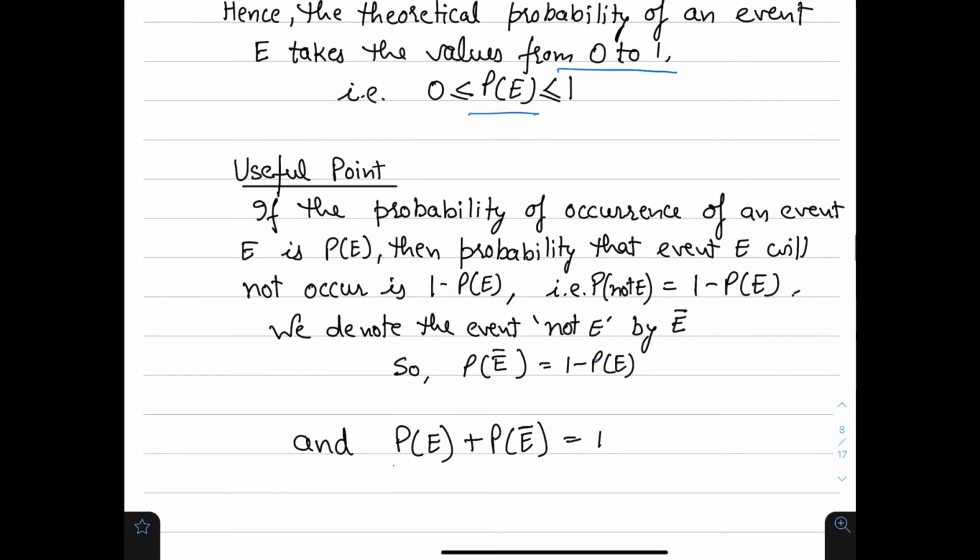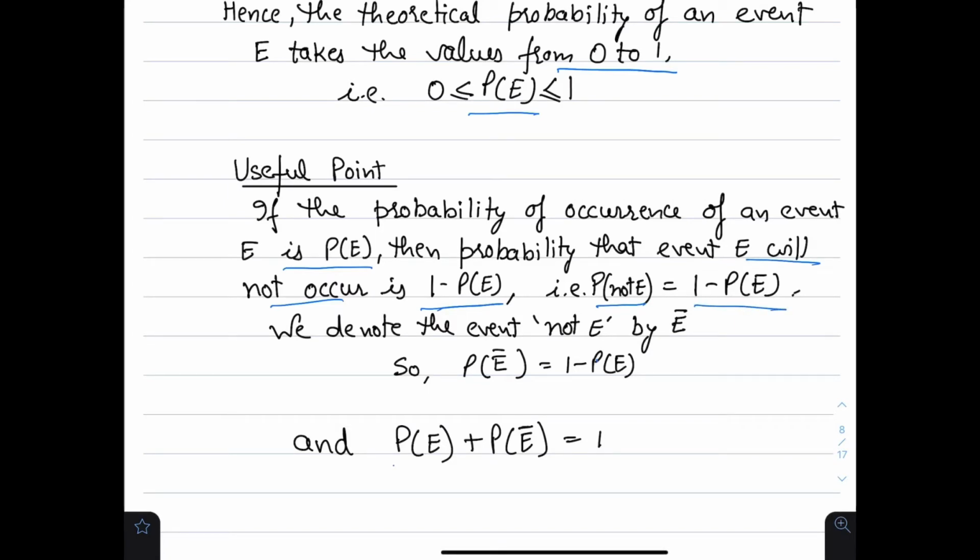One important point: if the probability of occurrence of an event E is P(E), then the probability that event E will not occur is 1 minus P(E). It means probability of not E equals 1 minus P(E).